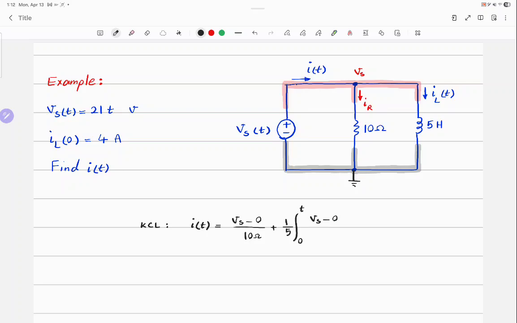VS minus 0, right? I'm emphasizing that minus 0 so that you know if the other terminal is not 0, you have to include that. Plus 4 amps. Anyone having a problem with this? It's not a new concept, it's just KCL.